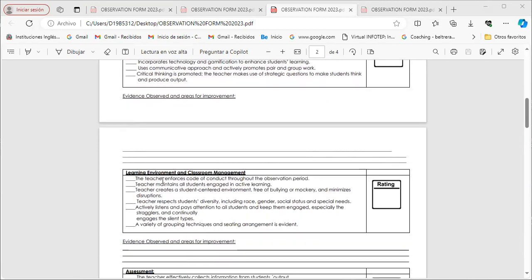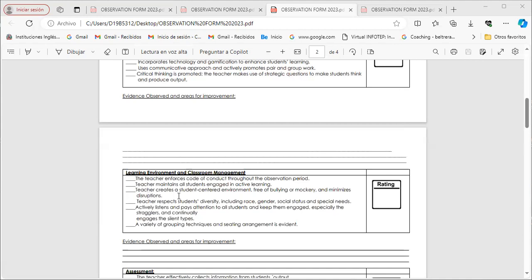Then if you decided to observe the learning environment and classroom management, then you check the criteria observed. The teacher enforces code of conduct throughout the observation period. Teacher maintains all the students engaged in active learning.